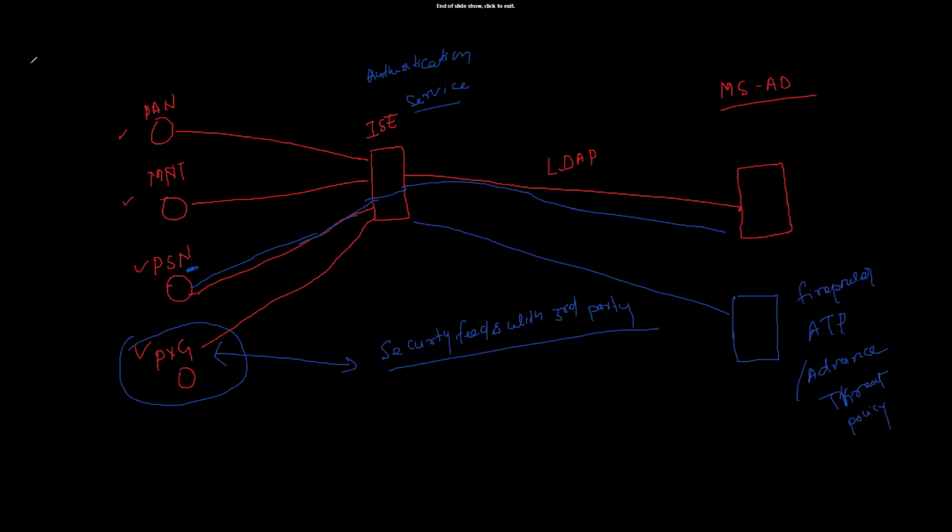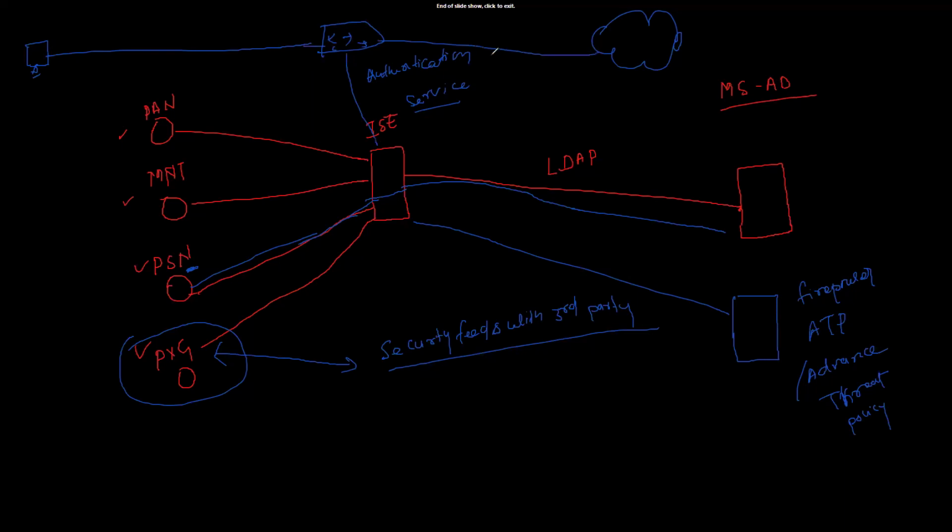And you have the user who is accessing the internet via your network. Okay, here you have a switch. This is the user who has already authenticated using ISE and he is accessing the internet.